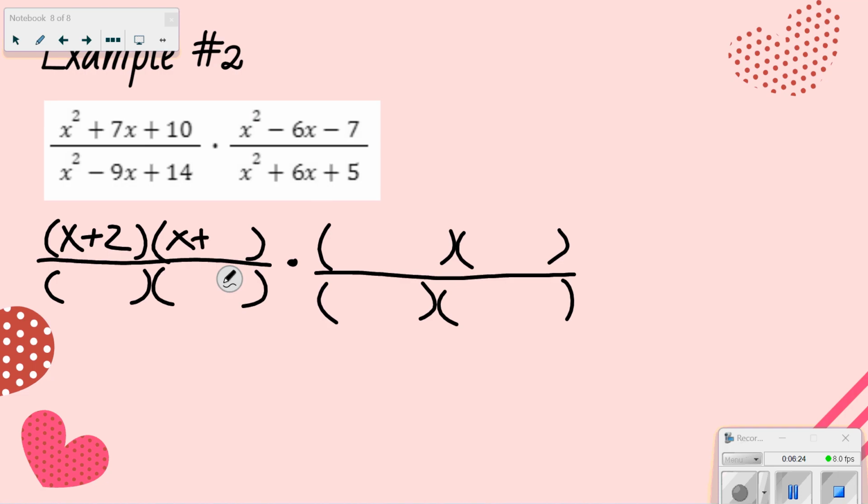Great. What about the first fraction's denominator? x minus 2. Uh-huh. Great. What about the second fraction's numerator? What were those factors? Somebody that has not spoken yet today, what do you see?